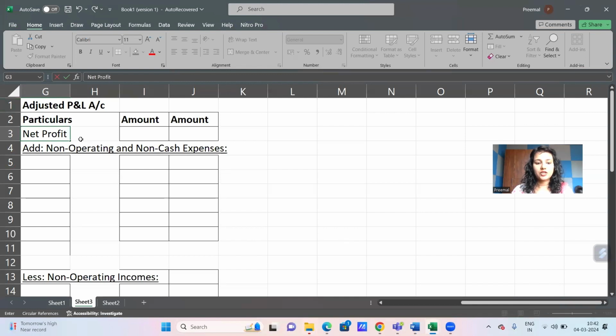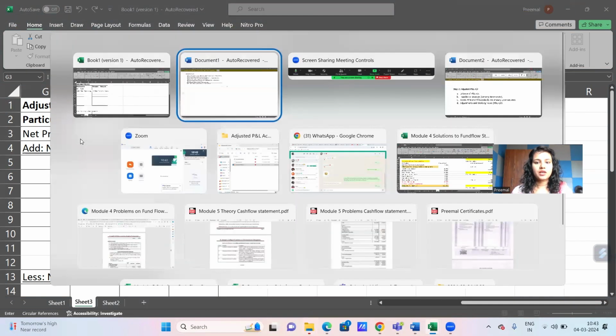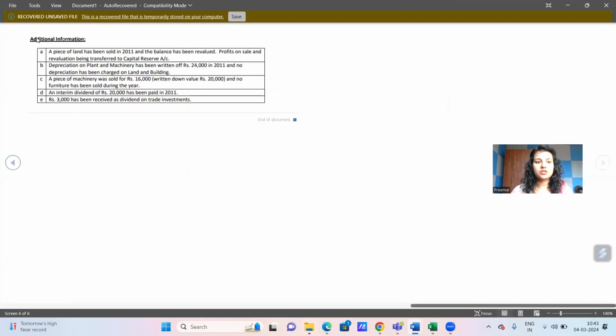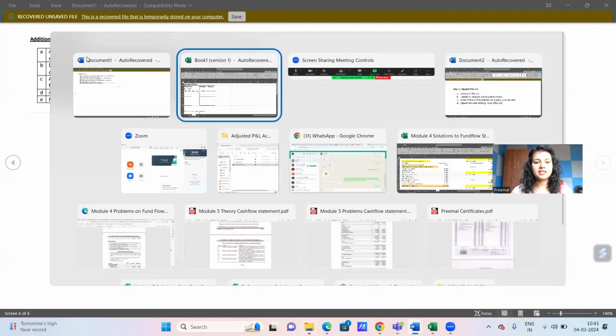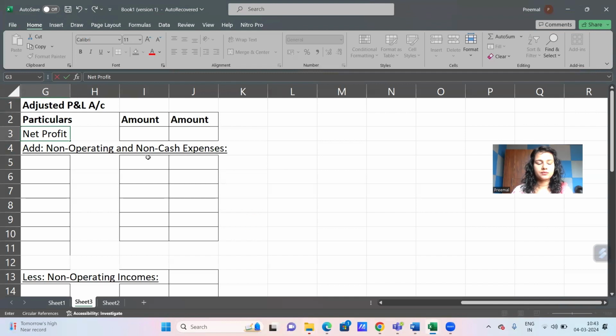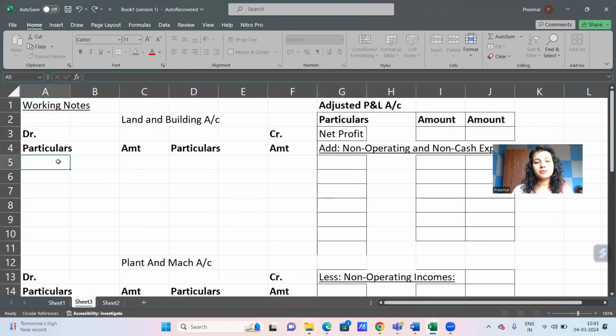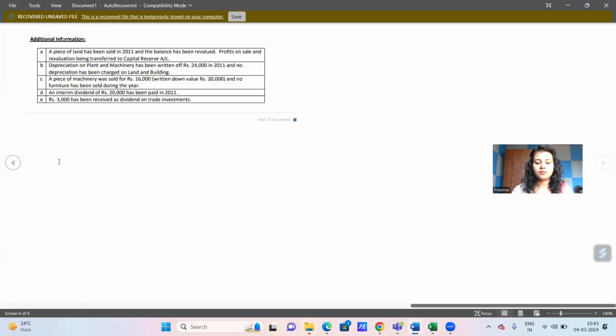This is the format that I showed you. Before we start off with the format, let's prepare the working notes for the adjustments given. The first adjustment was related to land and building. So let's prepare land and building account. Land and building is an asset. So the opening balance of this asset comes on the debit side, to balance brought down, the opening balance.